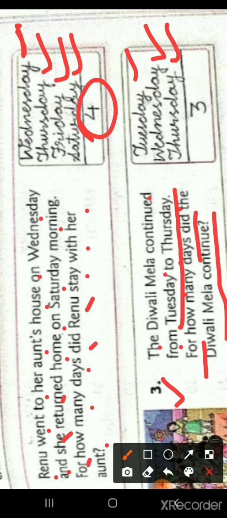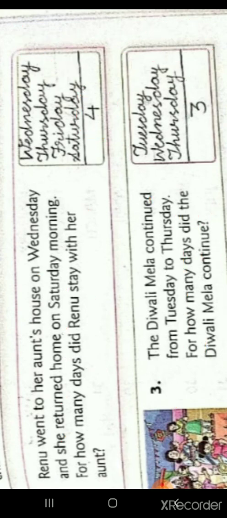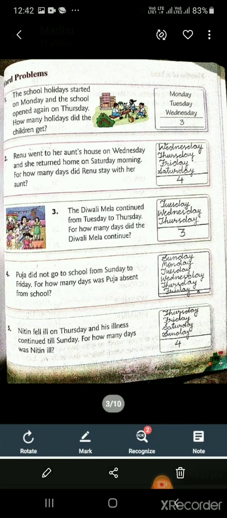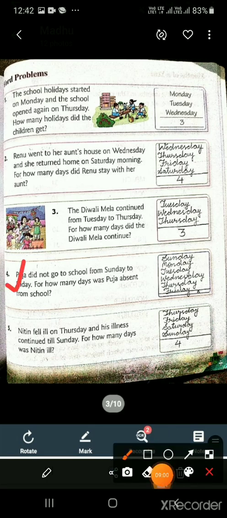So you will count Tuesday, Wednesday, Thursday. It means 3 days. So the Diwali Mela continued for 3 days. Like this you will solve other questions also, students, number 4 and number 5.